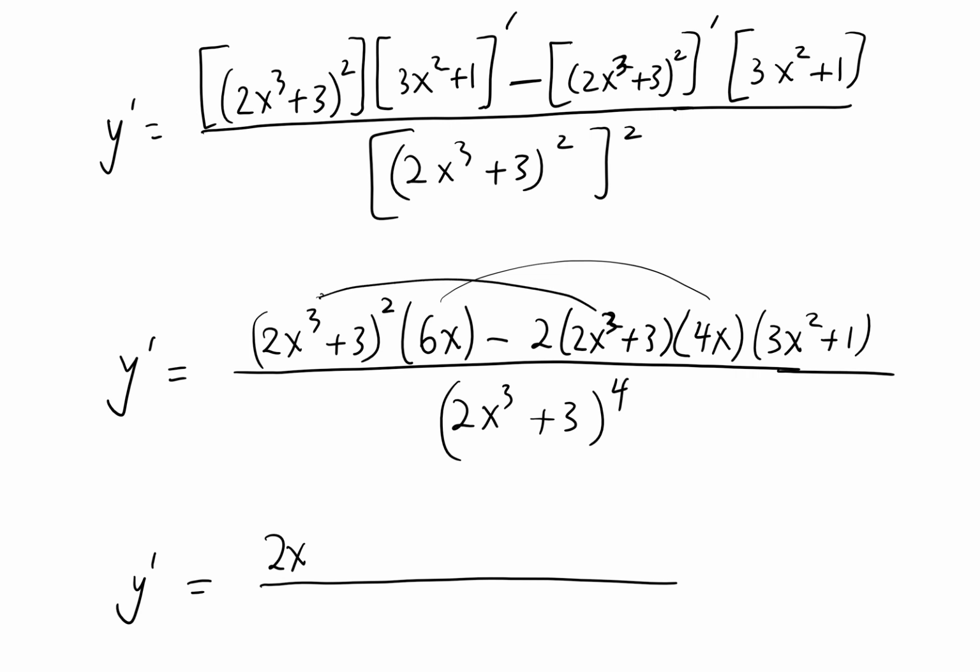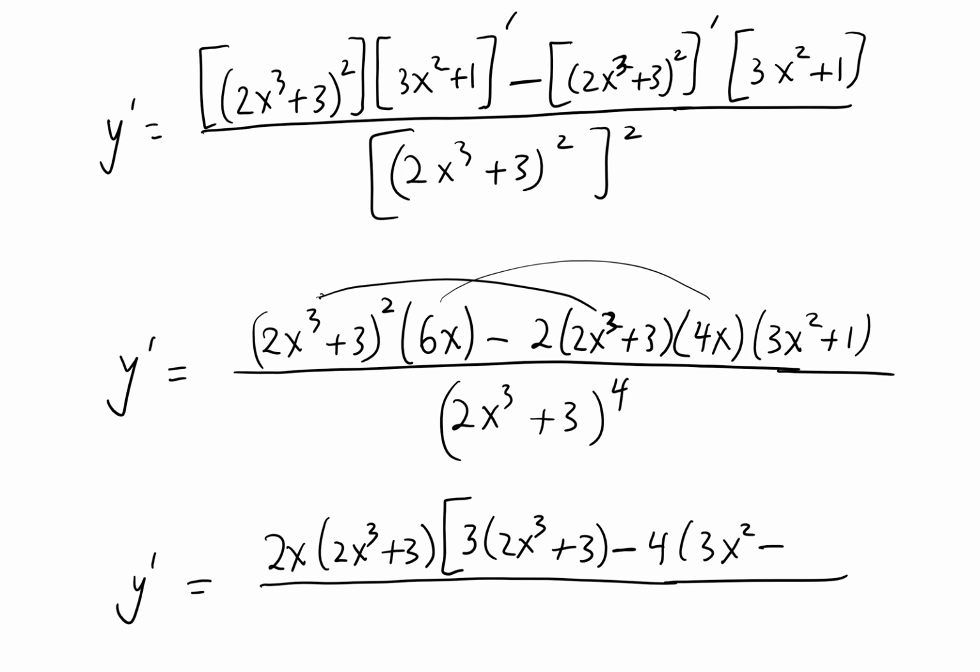Among these two, take (2x cubed plus 3), and what is left, there's a 3 from there, and the (2x cubed plus 3) minus, we took the 2x out, the (2x cubed plus 3) is out, we have a 4 and x is out, (3x squared plus 1), and this stays the same.